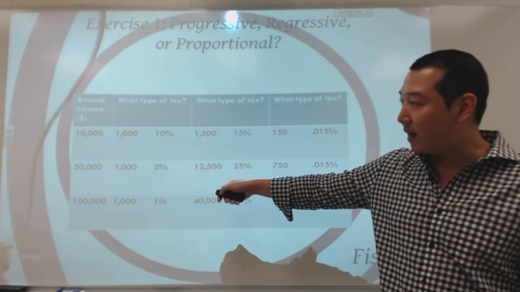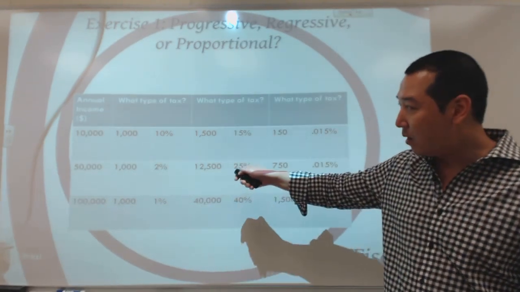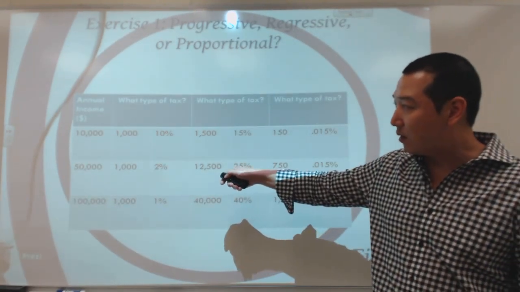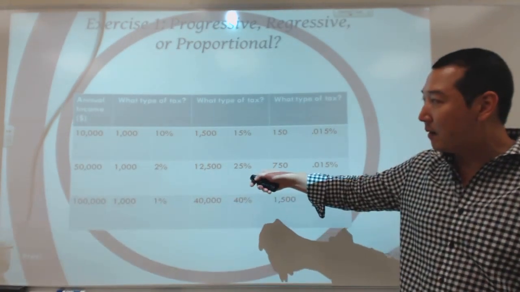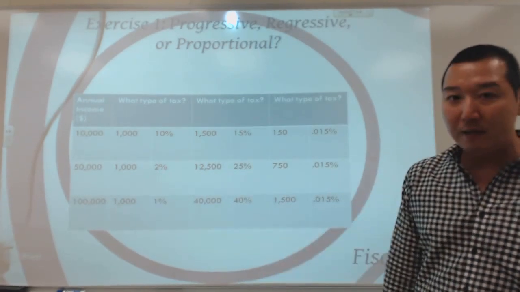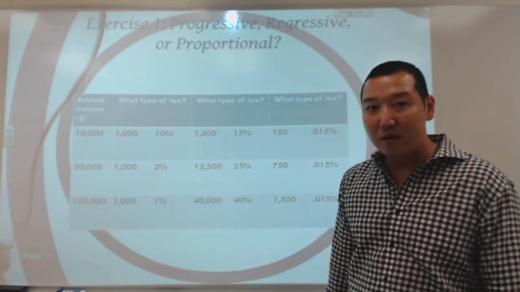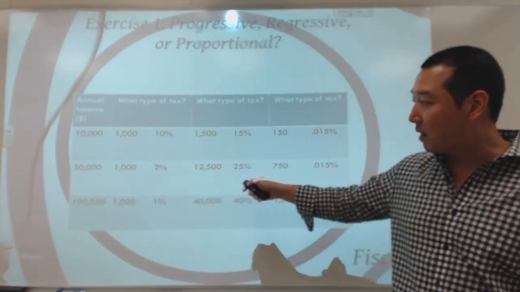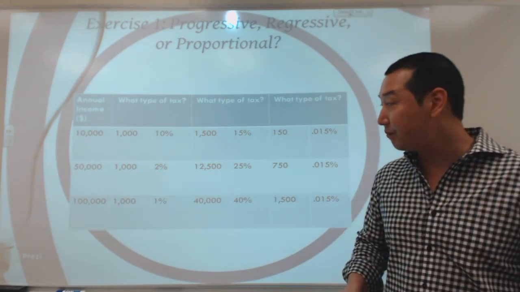The $10,000 worker, $50,000 worker, the $100,000 worker, everyone is paying $1,000. But notice the rate, that $1,000 assessed as a percentage of each person's annual income. These are the resulting percentages, 10%, 2%, 1%. And so we need to focus on the rates, the proportions here. And we notice that that's in fact declining from 10% to 1%. So we'll characterize that as being regressive in nature.